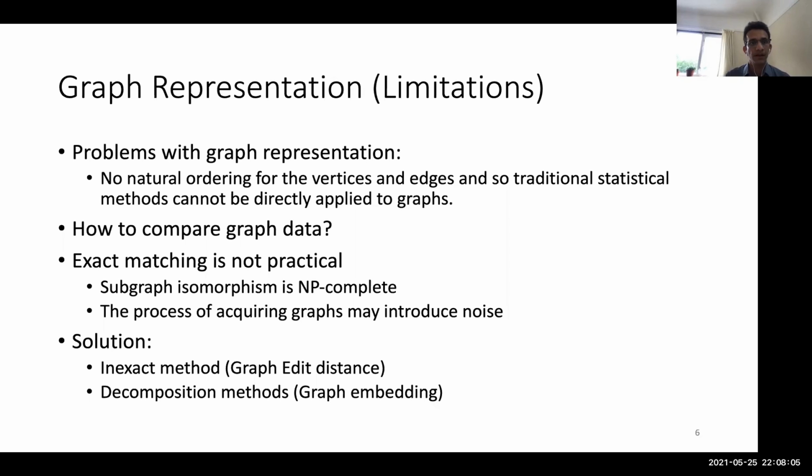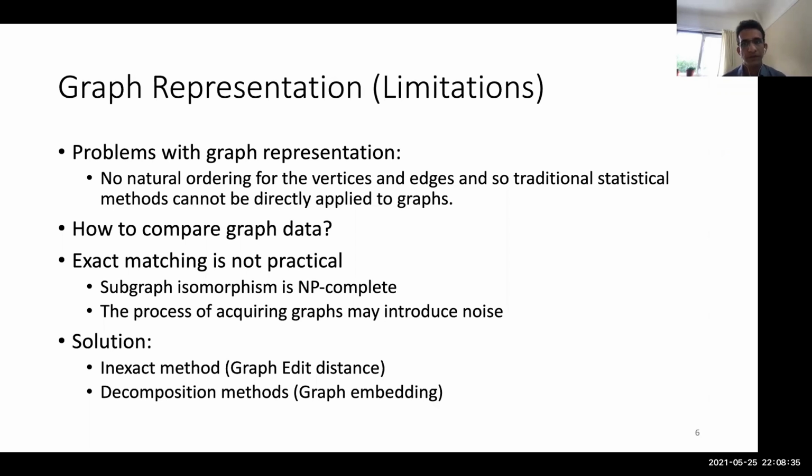For example, for comparing two graphs, one idea might be to use exact matching, but that is not practical for two reasons. The first reason is that subgraph isomorphism is NP complete. The second is that the process of acquiring graphs may introduce some noise in the graph, and so in the end we are comparing two graphs which might have a different number of vertices and edges.